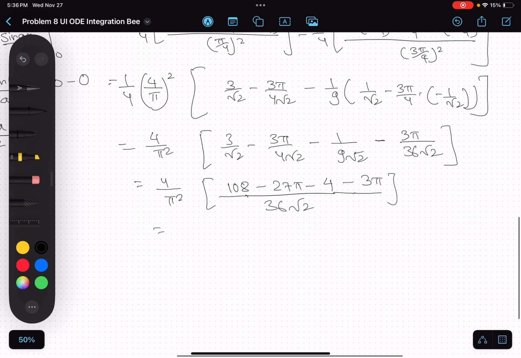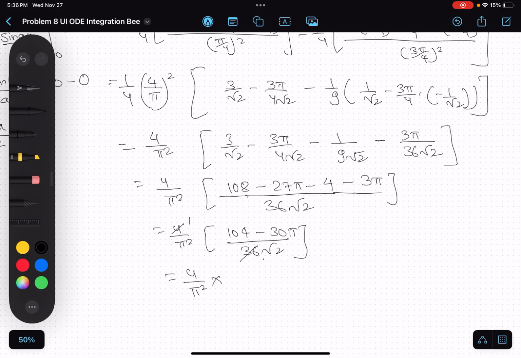So this is 4/pi squared times (104 minus 30 pi)/(36 root 2). If I cancel with 4, 4 times 9 is 36, right? So this is just 1/pi squared, and then (104 minus 30 pi)/(9 root 2).